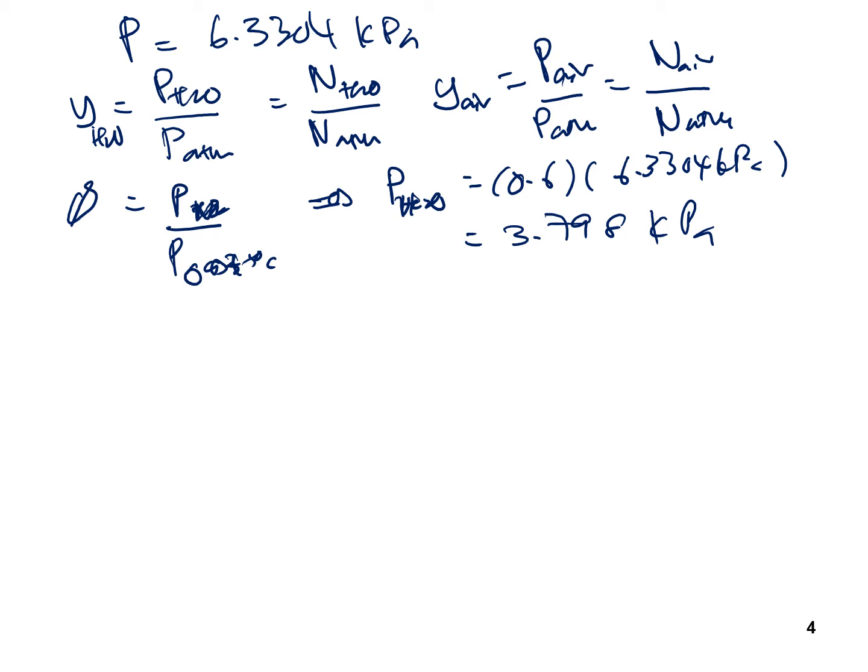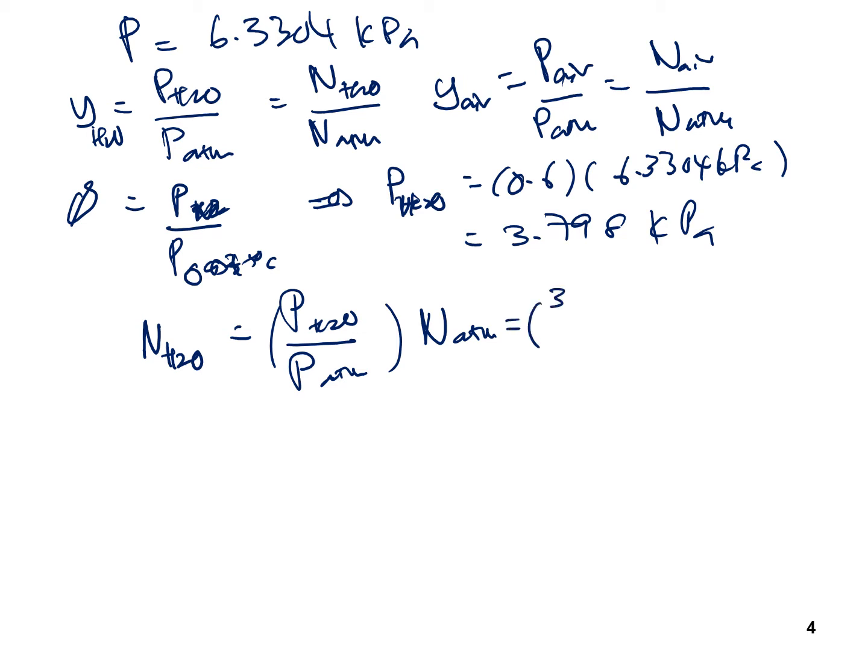From this equation, the number of moles of H2O is P H2O over P atmosphere times N of the mixture, which gives 3.798 over 101.325 kPa. This is also kPa.